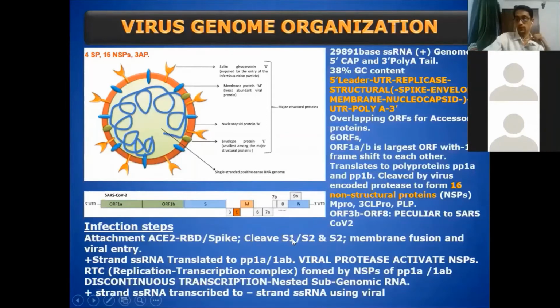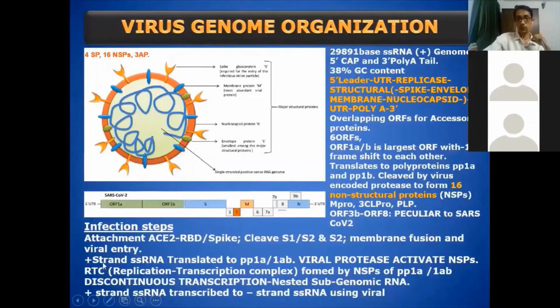It is cleaved between the S1 and S2 sites, as well as one cleavage in the S2 site itself. This cleavage leads to the activation of the S2 domain and induces the fusion process, wherein the lipid bilayer membrane of the virus fuses with the lipid membrane of the host cell, the bronchial epithelial cell, and the viral RNA is allowed to enter into the host cell.